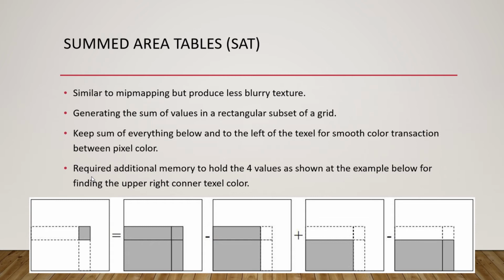SAT will keep the sum of everything below and to the left of the texture for smooth color transition between pixel colors. However, it requires additional memory to hold the four values as shown in the example below for finding the upper right corner texture color.